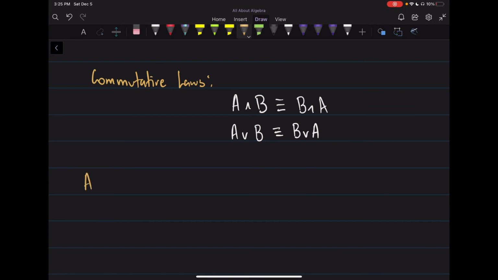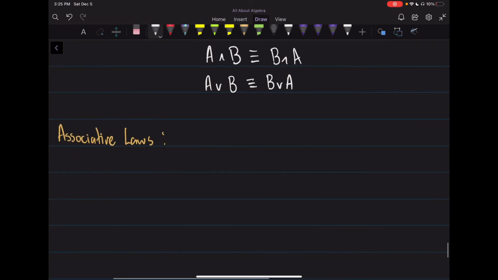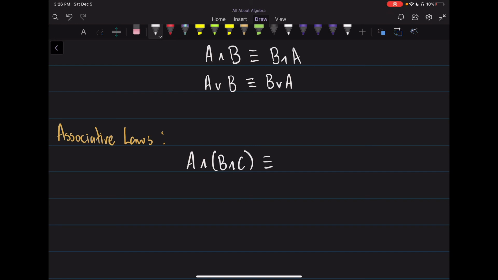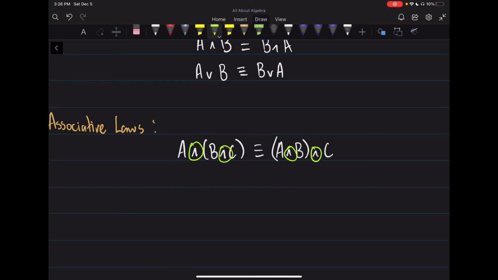Now we have associative laws. What this states is that suppose we have three statements, A and B and C. Keep in mind, these are all the same operators, and this is going to be different from what I'm going to discuss next. So we can rewrite this as A and B, and C. They're all conjunction, they're all and.